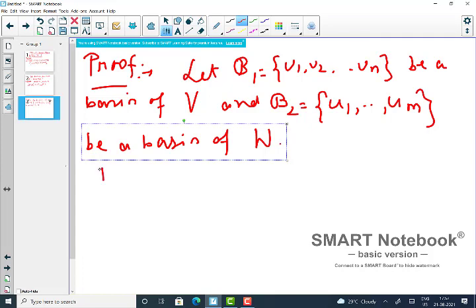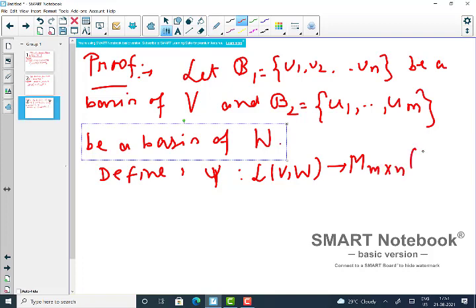Then what will we do? We define a map, say psi, from this space of linear maps from V to W to the space of m cross n matrices over F. You take a linear map, and the image will be the matrix representation of the linear map with respect to the bases B1 and B2.